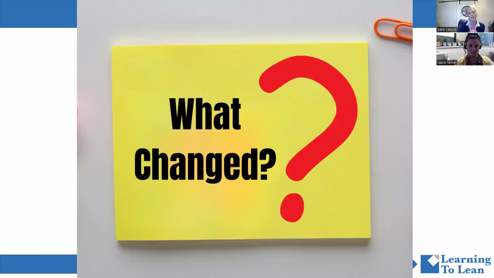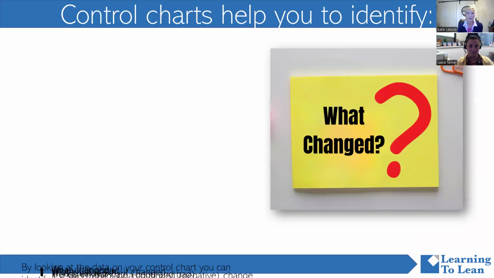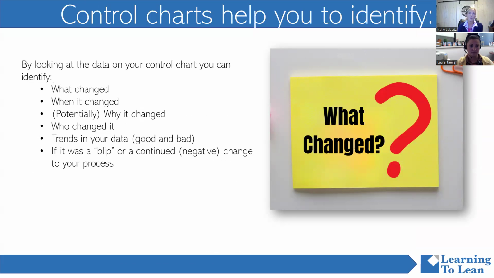So the question that we are trying to answer by looking at control charts is what changed? Control charts can help you to identify by looking at your data what changed, when it changed, potentially why it changed, who changed it, trends in your data, good or bad, and if it was a blip or a continued negative change to your process.